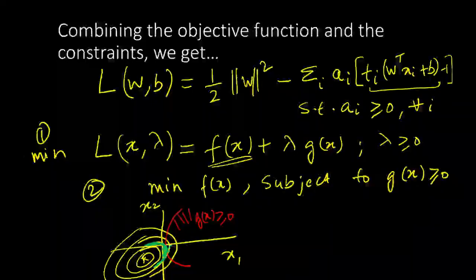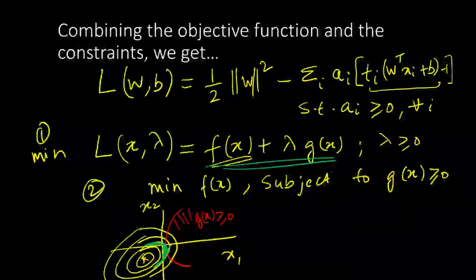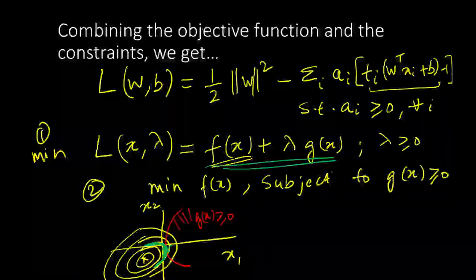So how we get to this Lagrange equation is that if you want to minimize this, we will take its derivative and set it to 0. And that vector gradient is going to be 0 only when the derivative of f of x and derivative of g of x are in the same direction or opposing directions.